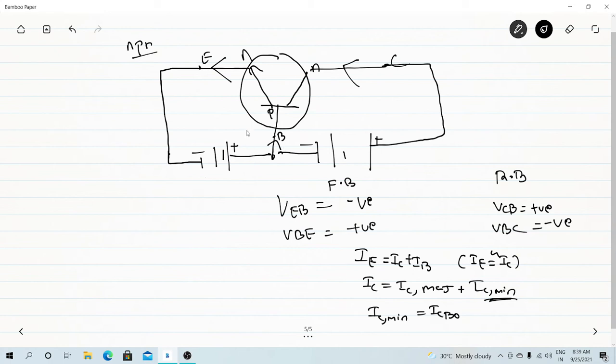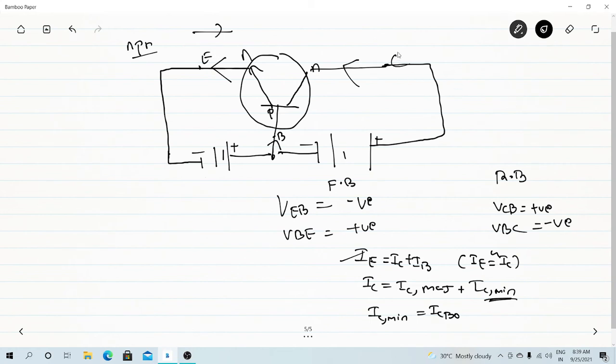Yeah, so the condition remains valid, IE equal to IB plus IC, and all these conditions are going to be valid, just the direction of the current will change. If you remember, for P and P the current direction was like this, now the direction is basically opposite.